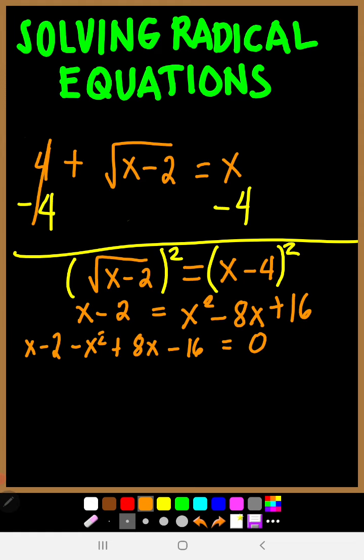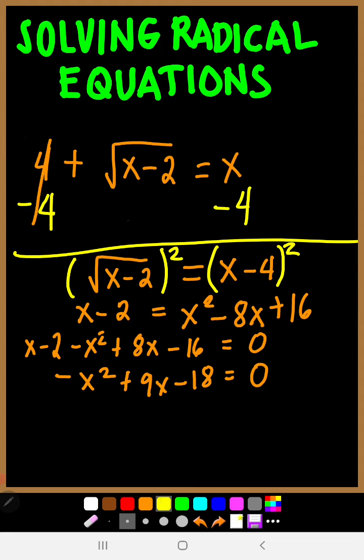So, we have negative x squared. 8x plus x is plus 9x. And then negative 2 minus 16, that is negative 18 equals 0.